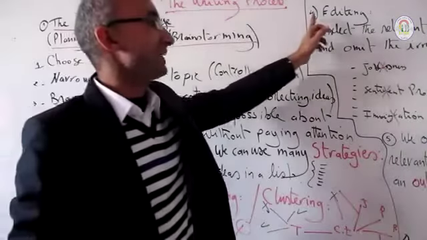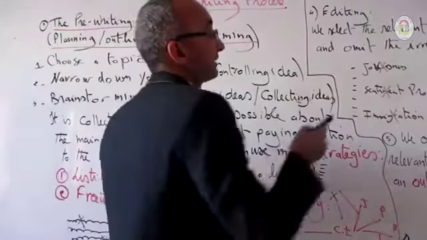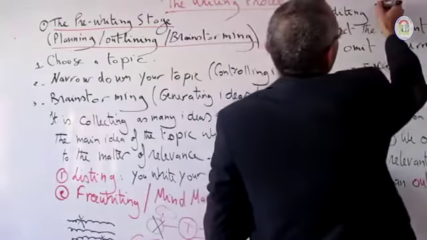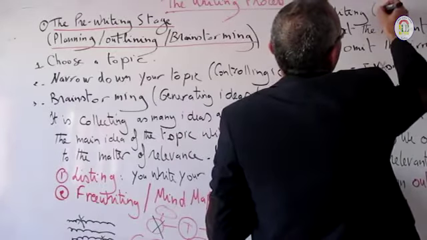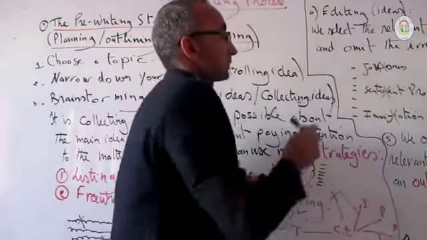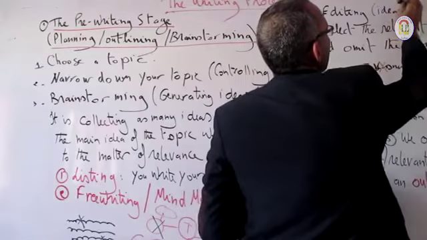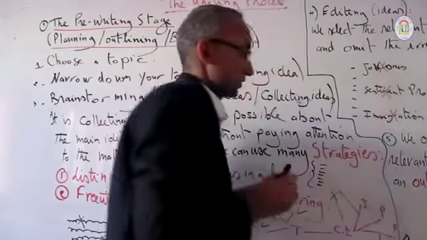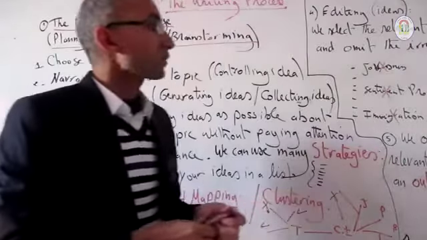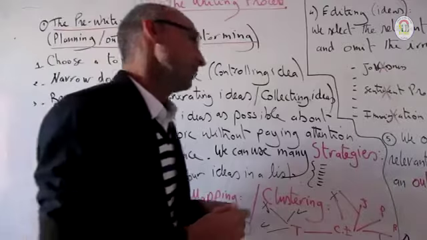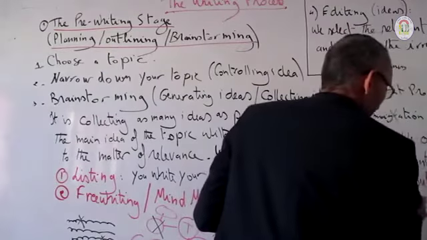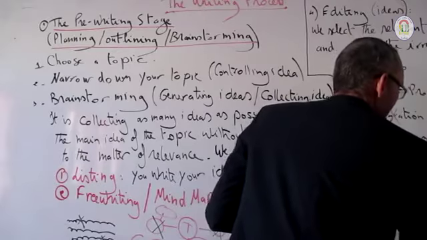So number 4 is editing, of course, at the level of ideas, unlike the next and coming stage. Ideas. Number 5, the step is called itself outlining. It's called here, if you want to write it, outlining.